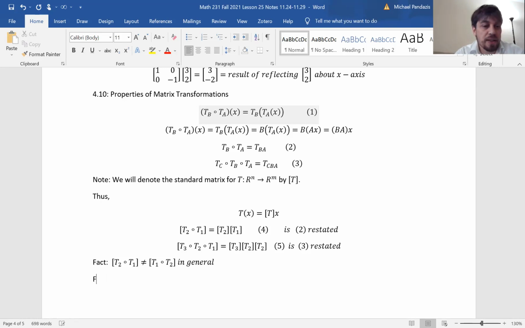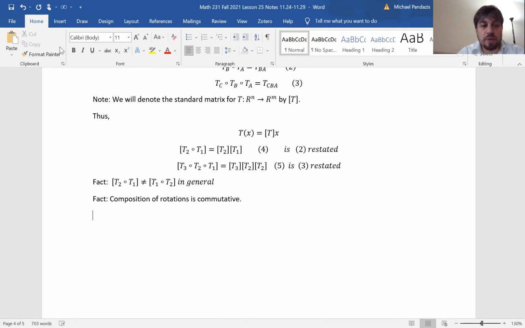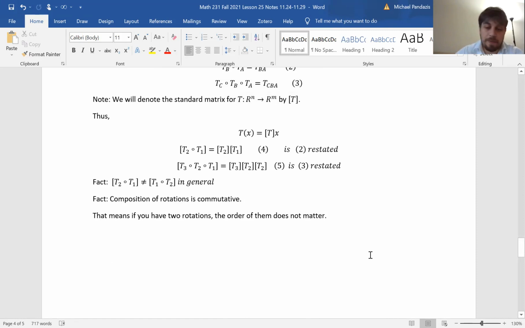Okay, fact. Composition of rotations is commutative. So that means if you have 2 rotations, the order of them does not matter. If you rotate by 30 degrees and 60, you can rotate by 60 then 30, and it doesn't matter if you change the order.